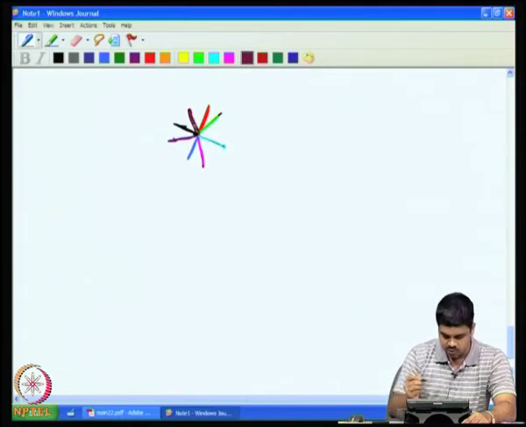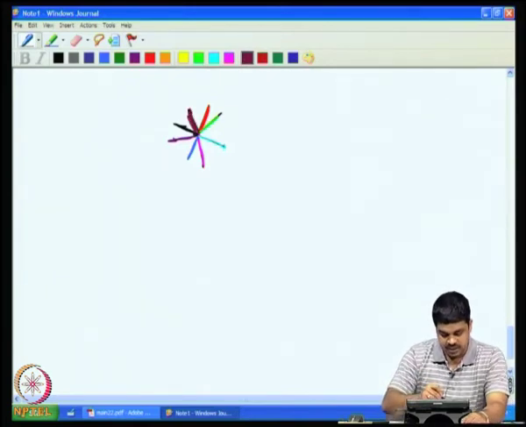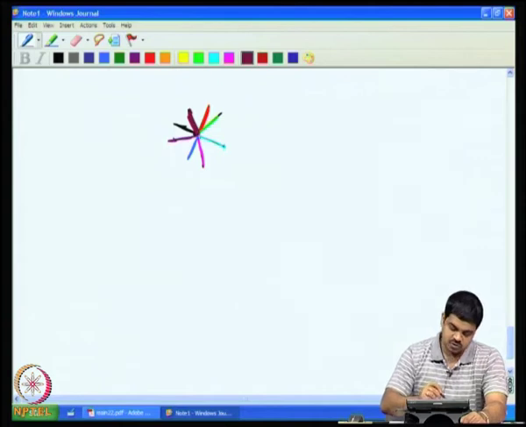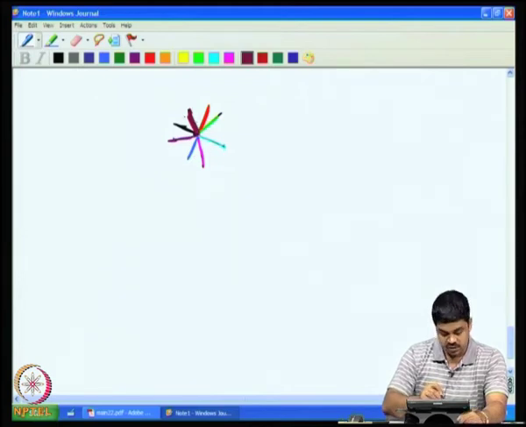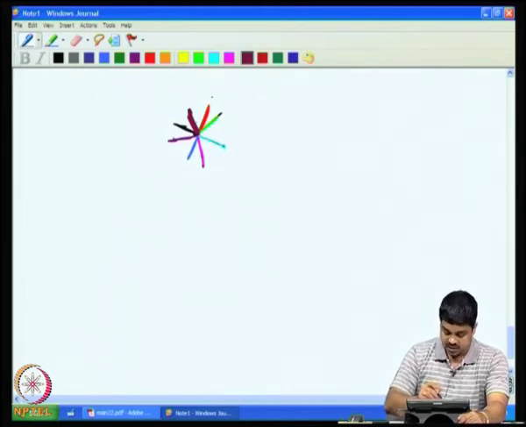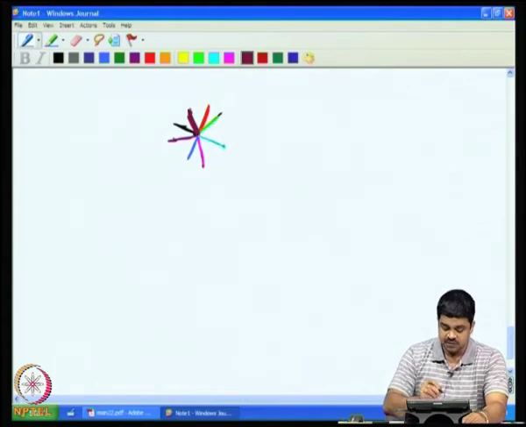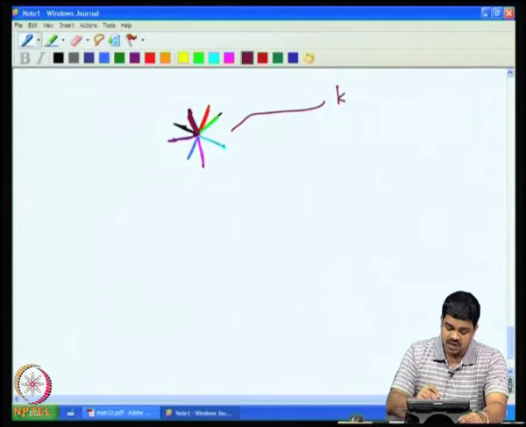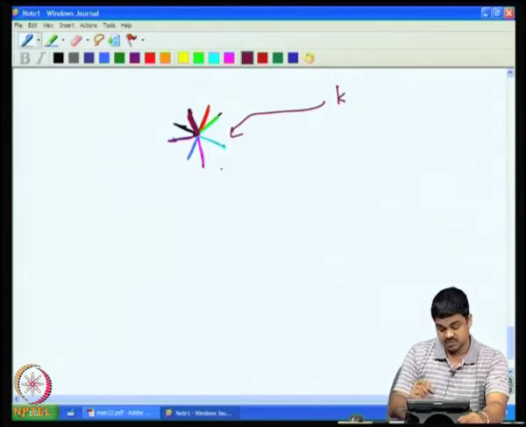The edges all have to be different, and this we know by the properness requirement. But if we are using only k colors, then all the k colors have appeared here, not even one color is missing.